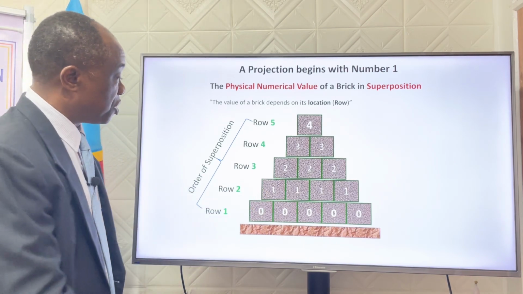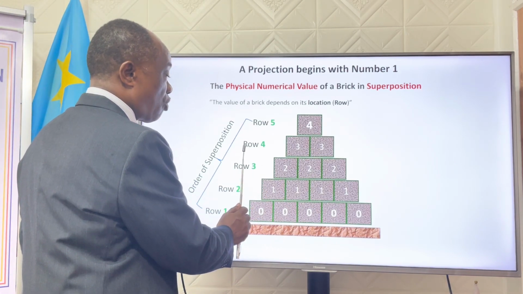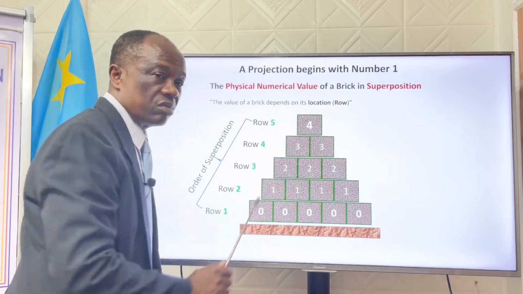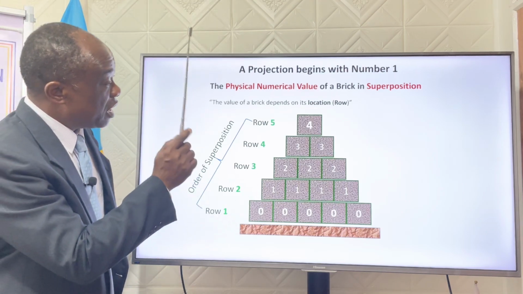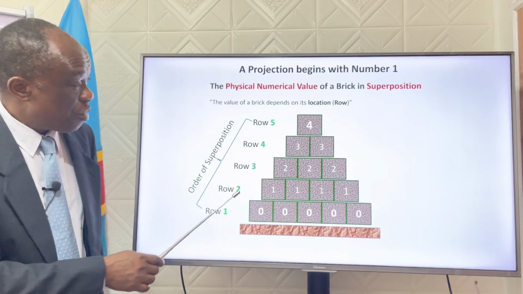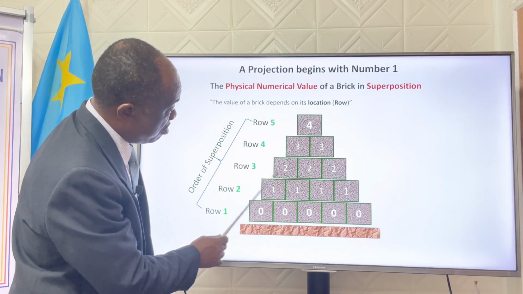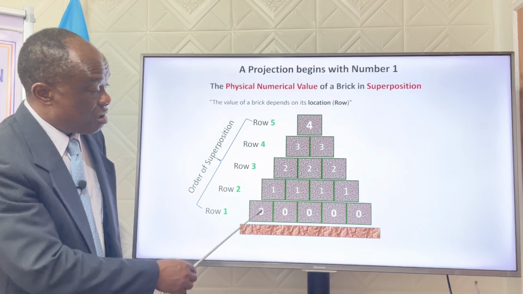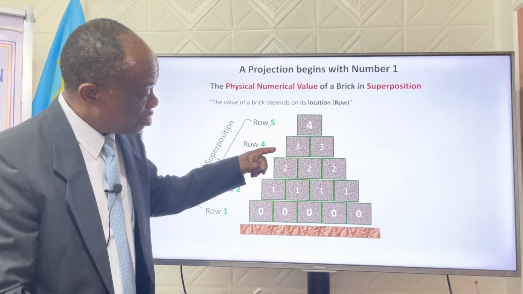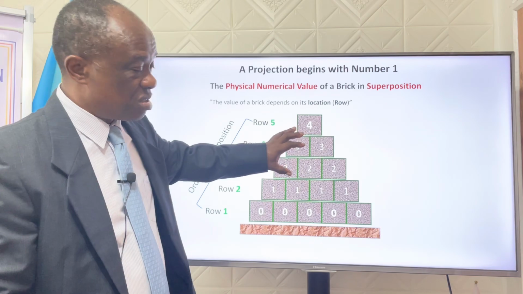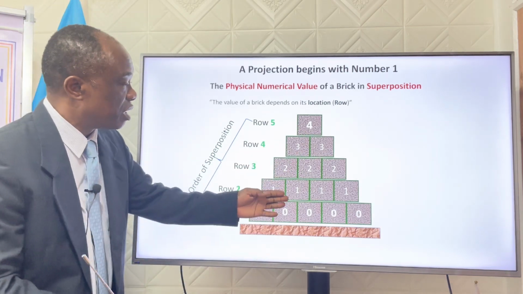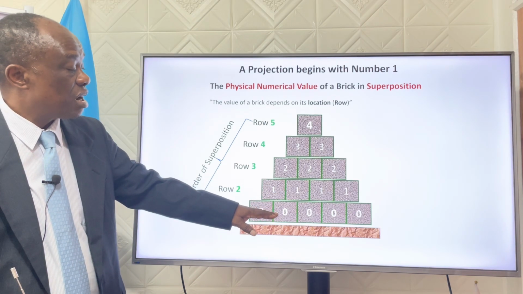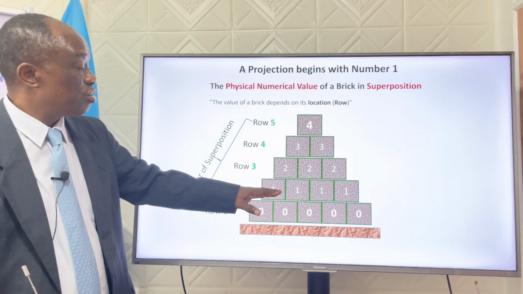The third row, 2. The fourth row, 3. The fifth row, 4. Therefore, the numerical value of the brick depends on the row. Of course, we should call it the location, but this location now is minus 1. It means it's supposed to be here 1, but it becomes 0. Supposed to be 2, becomes 1.